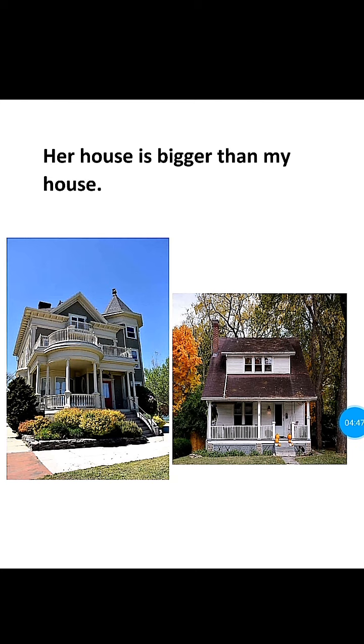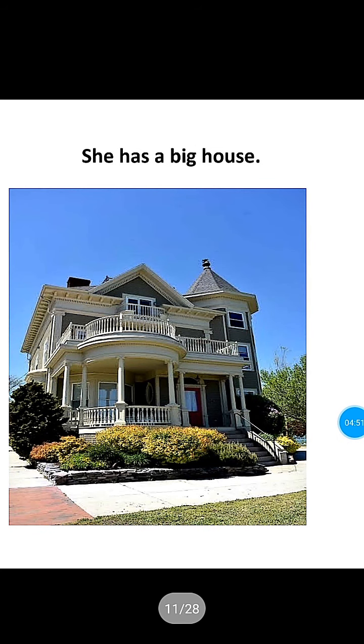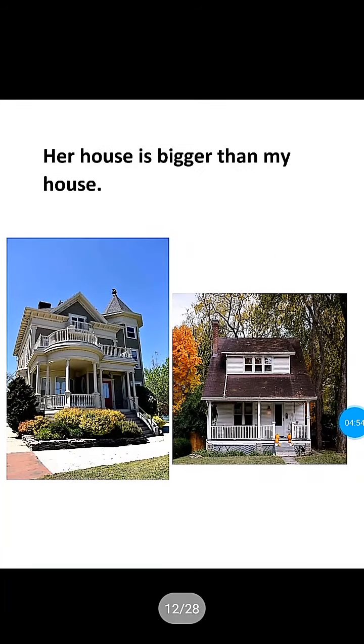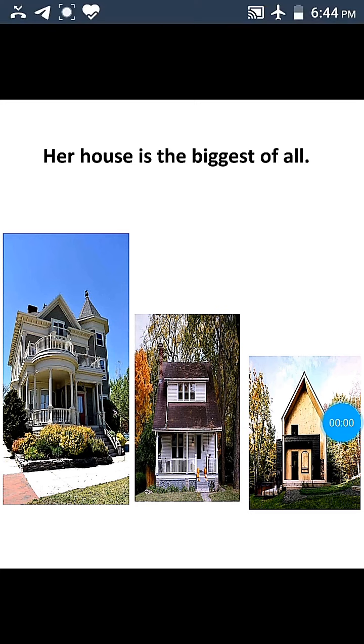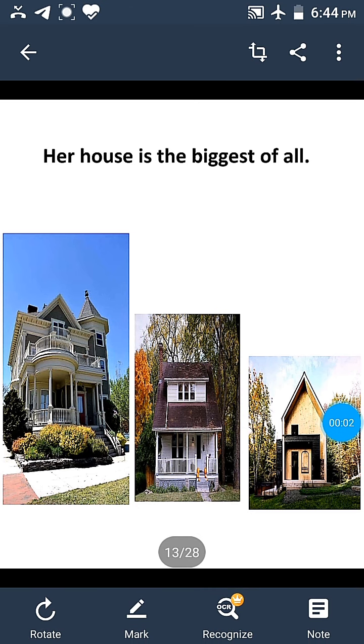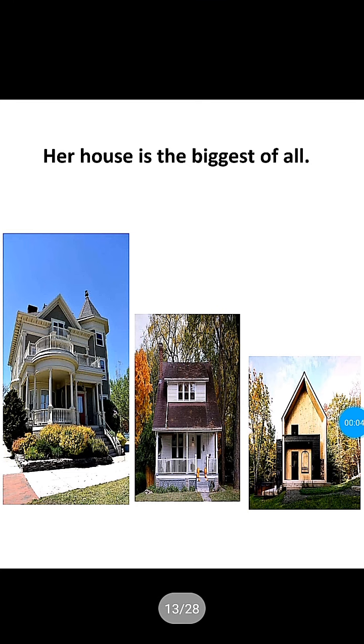The comparative degree of big is bigger. This is positive degree, big, and this is bigger, comparative degree. Now, see. Her house is the biggest of all. Here, the comparison is among 3 houses. So, we have to use superlative degree. When there is comparison more than two things or places or persons, we have to use superlative degree. So the superlative degree of big is biggest.